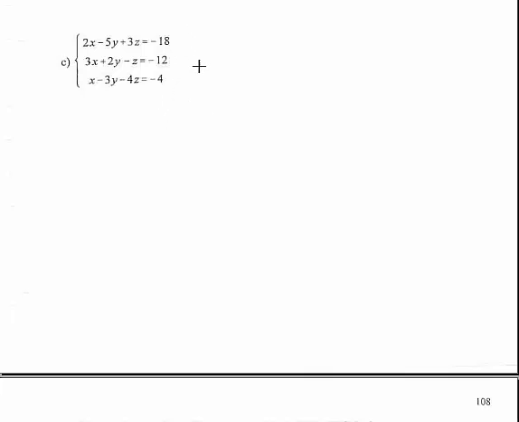Alright, the next one. I like to have the x with the coefficient of 1. I want to use that to eliminate the x's in the other two equations. So I'm going to do a row swap.